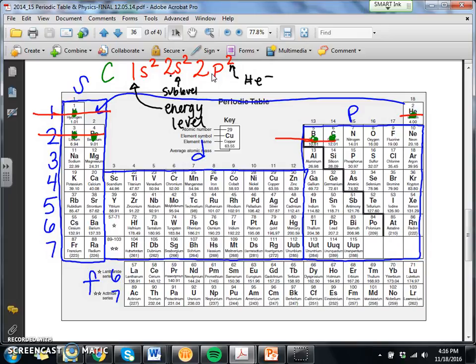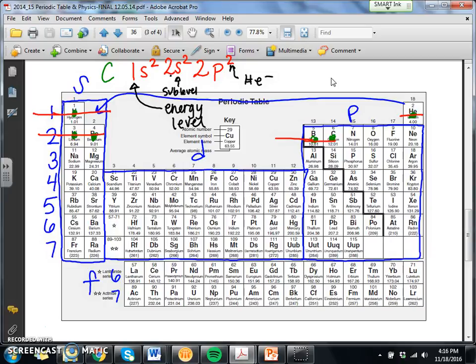So this kind of shows us its electron configuration. Now, if you look at just the last part of this electron configuration, 2p2, you can use it as an address. So 2 tells me energy level 2, p tells me I'm in the p block, and the exponent 2 tells me 1, 2, talking about the second one.